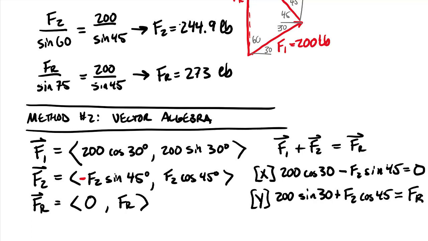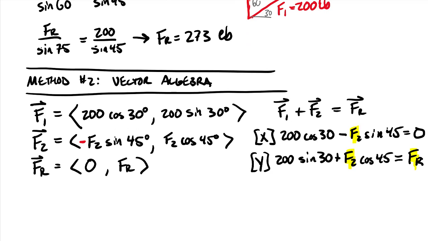All right, so now I have two equations with two unknowns, those unknowns being F2 and FR. If you solve the x version of that equation, because there's one unknown up there, we end up with F2 equal to 244.9 pounds, and FR through substitution equal to 273 pounds.